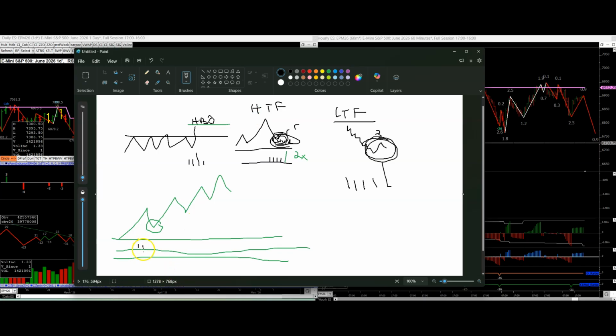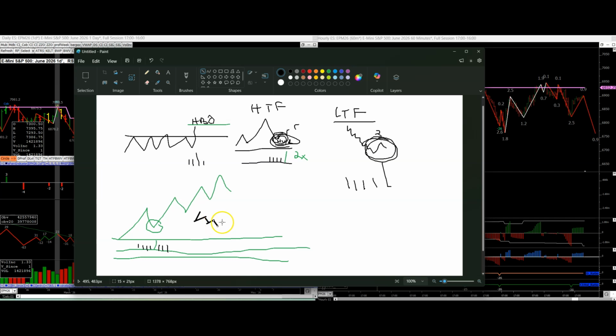And that problem has been solved. One way to do it is by using the wave volume. So if you have a daily, you're looking at the hourly. See that big one right here, which is, say, 3.24 times average.